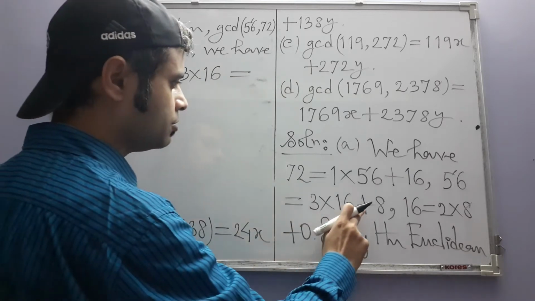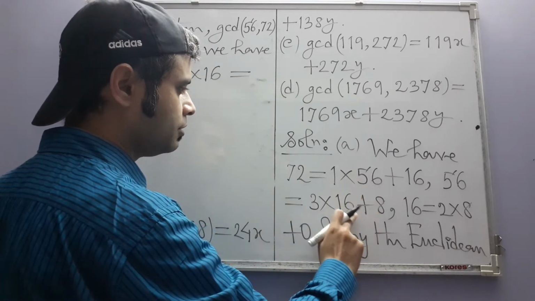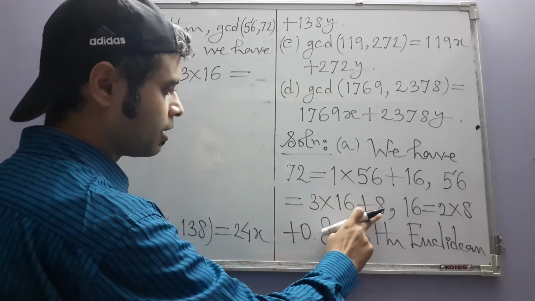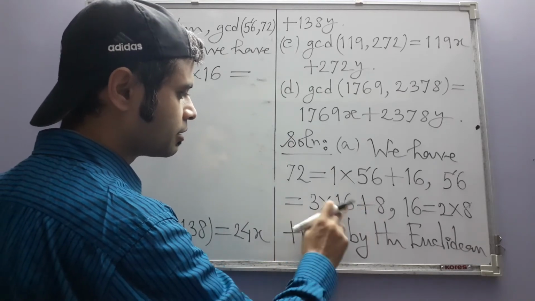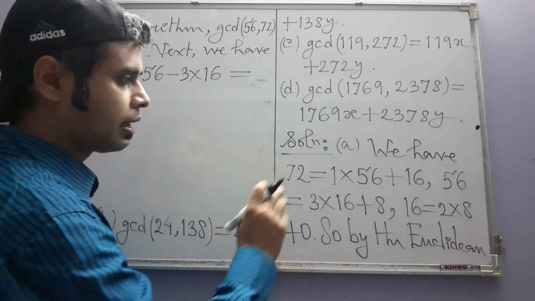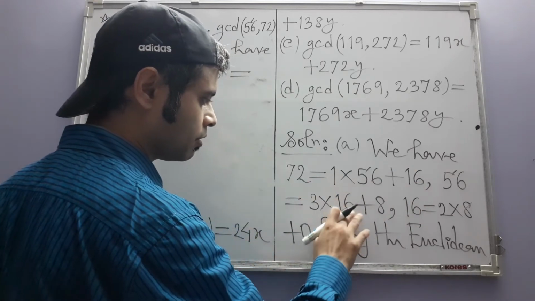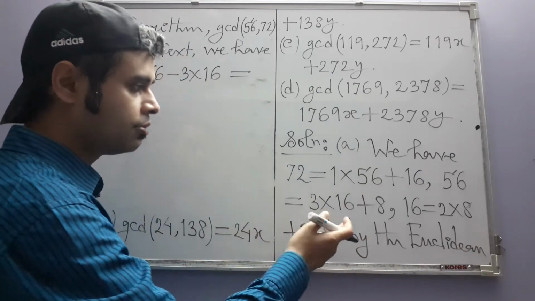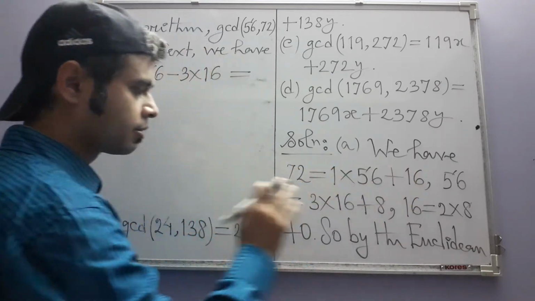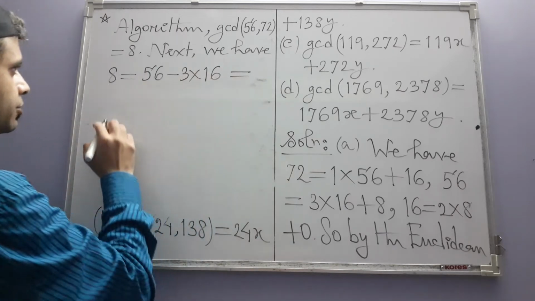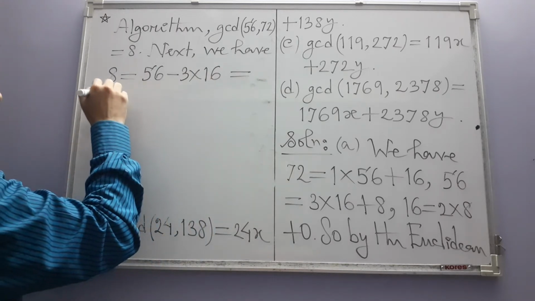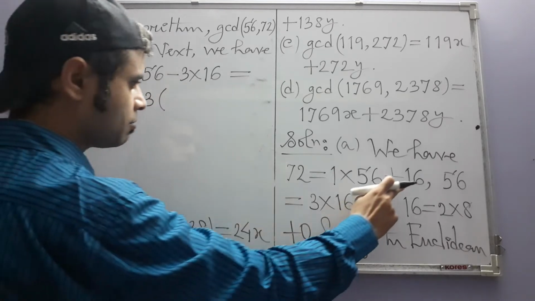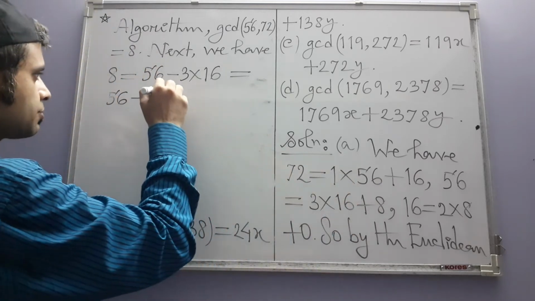Then we use this one. When you use this one, the remainder 8, which is the GCD itself, has already been expressed in terms of 2 other things, and among those 2 other things, one of them is the previous remainder. Then you have to replace that with a corresponding expression. So that means we have to replace 16 here. Now in place of 16 you can write 72 minus 56.